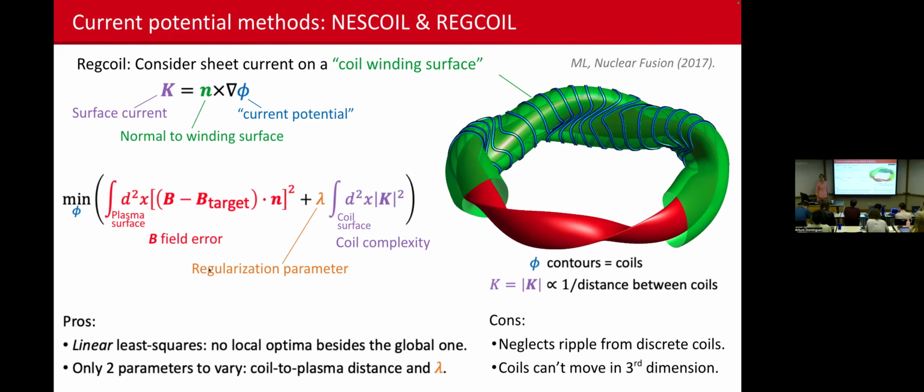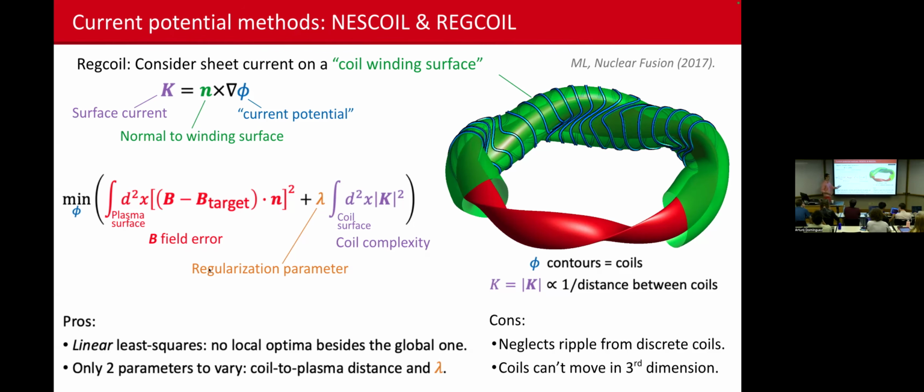You mean that we can choose the different currents for the different coils? Well, you're optimizing this. So forget about the coils for a second. Coils don't appear in the winding surface problem. You just have this green surface. You just choose a distribution of currents on that surface that gives you a good solution. But now when you actually want to build a device, you have to somehow figure out how to get coils from this continuous sheet current.